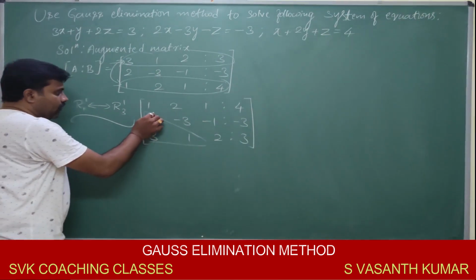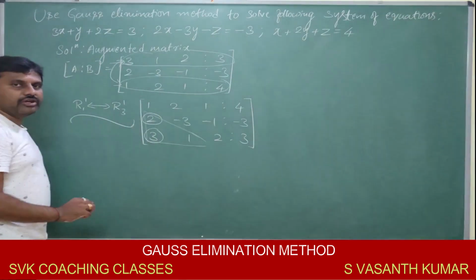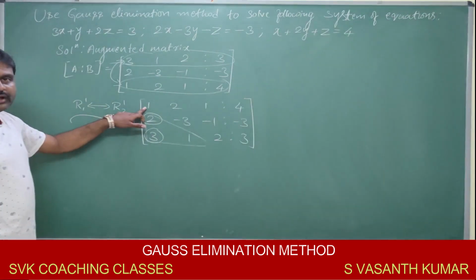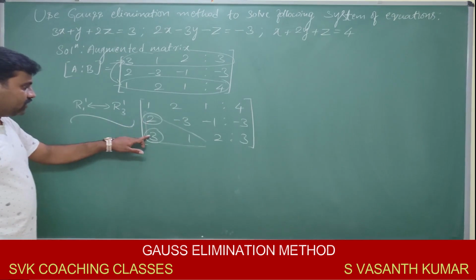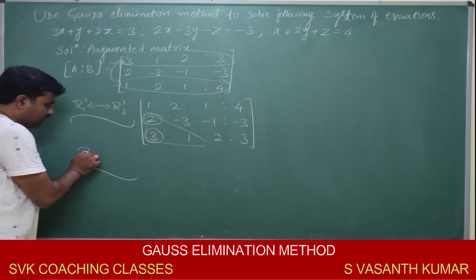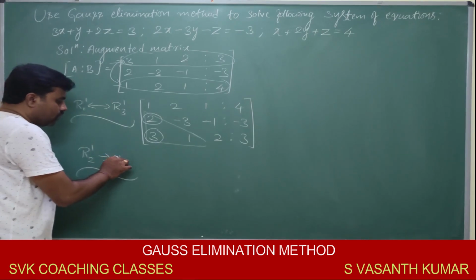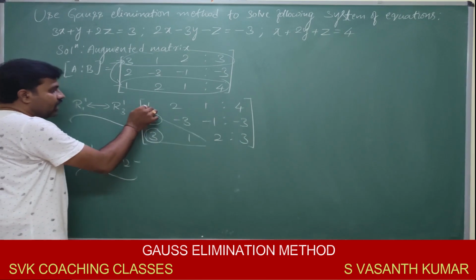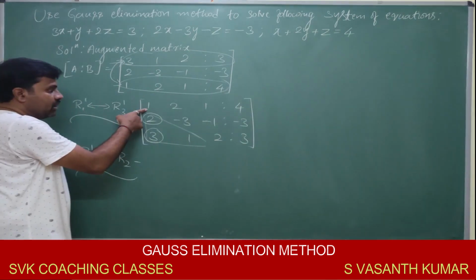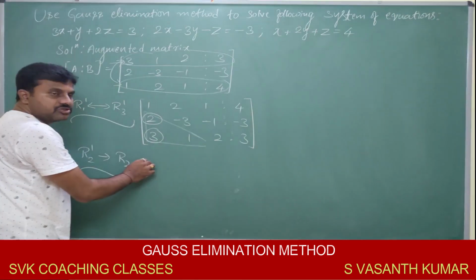So therefore, I am going to make these two elements as 0 by using R1. By making use of row 1, I will make these two elements as 0. So apply the operation R2 dash changes to R2 minus 2R1, as this value is 1 here, multiply by 2 and you get 2, 2 minus 2 becomes 0.